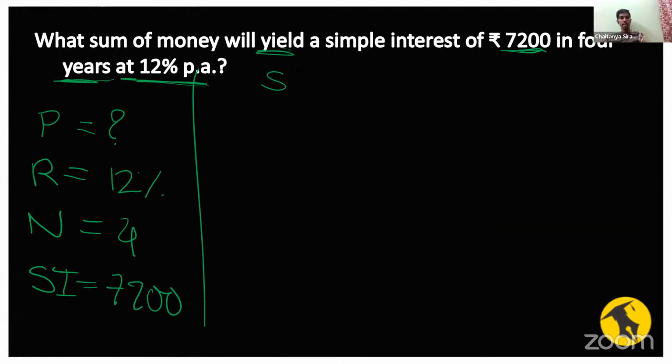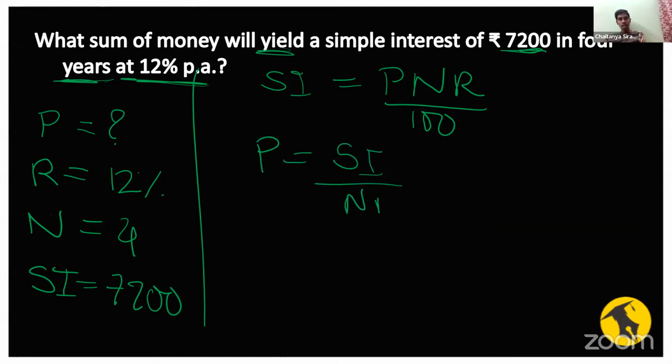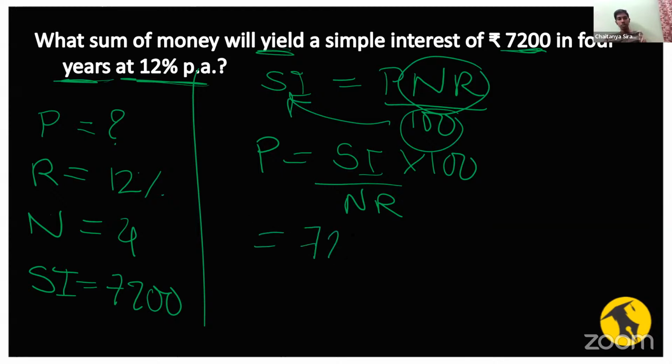So I'll write the formula SI equals PNR upon 100. So if I rearrange for P, it will be SI upon NR into 100. I've taken these two terms and this term to this side. So it will be 7200 upon 4 into 12 into 100.